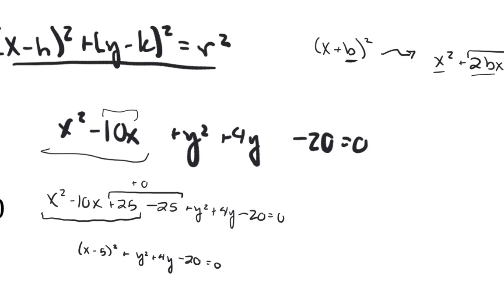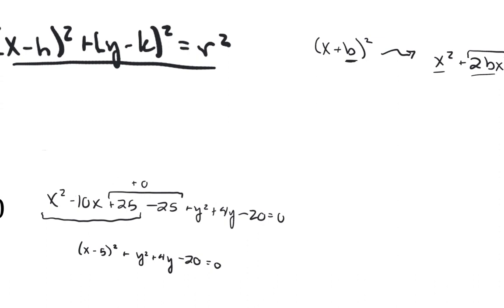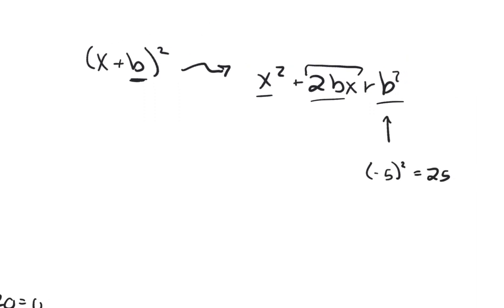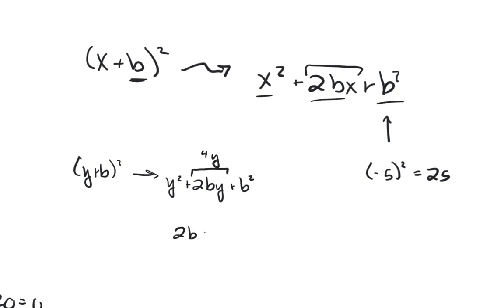Now, doing the same process for y that we did for x, that 4y that we have is going to be taking the place of that 2 times b in this case. So here, if we were to do (y plus b) squared, that would FOIL out to y squared plus 2by plus b squared. 4y is taking this spot, which means that 2b is equal to 4, or b is 2.